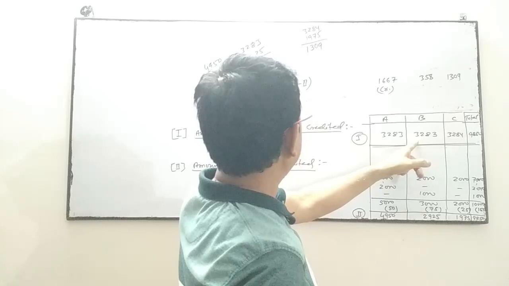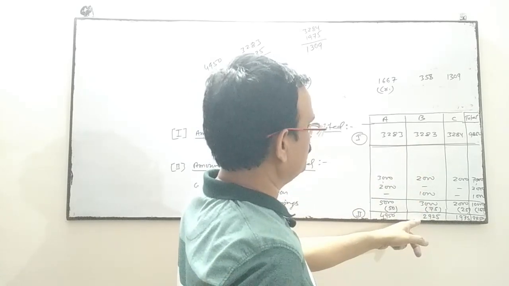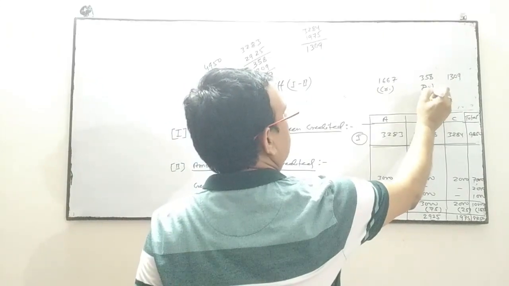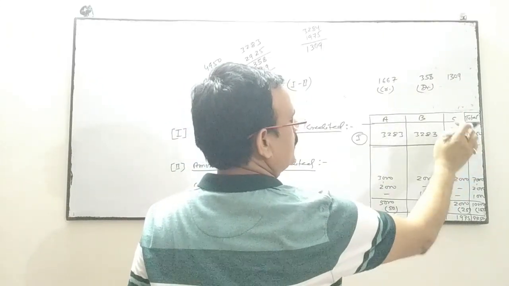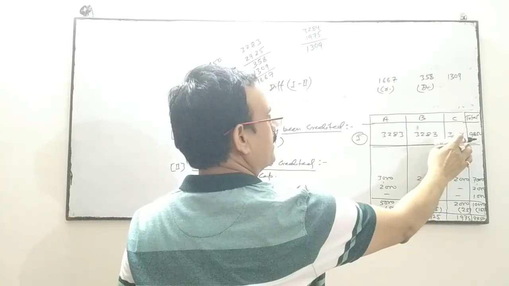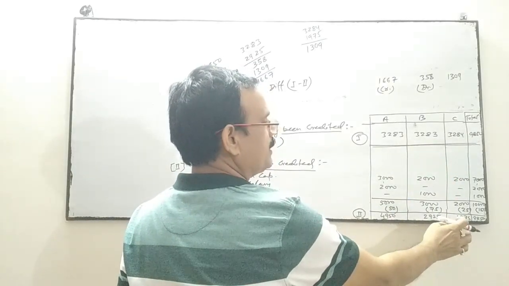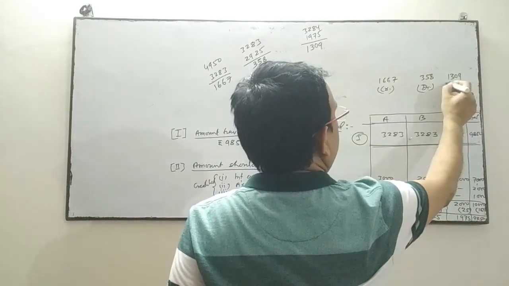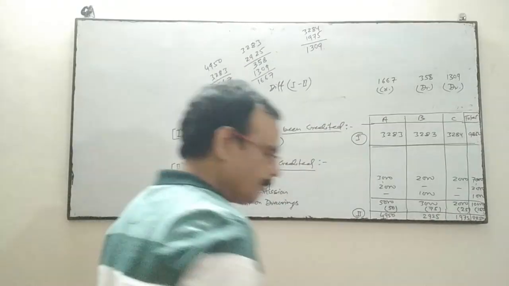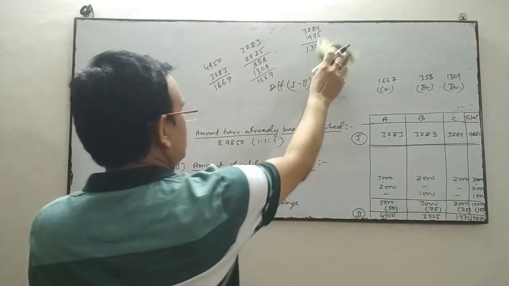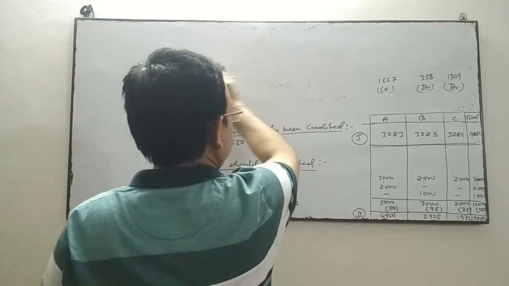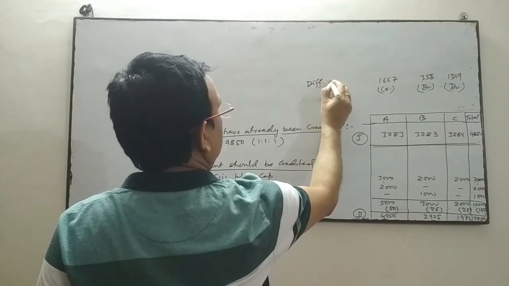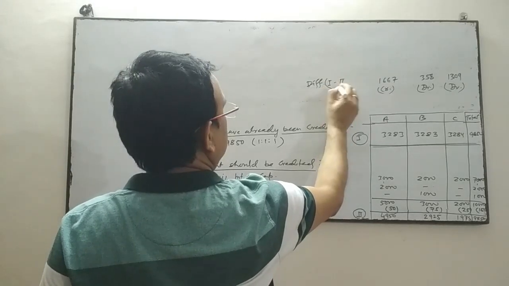Here this has already been credited, and what should be is less, and we have already credited more amount, so this will be debited. Here it should be 2,925, it has already been credited 3,283, so we have credited more amount, so this will be debited. So the entry will be, this is the difference of 1 minus 2.